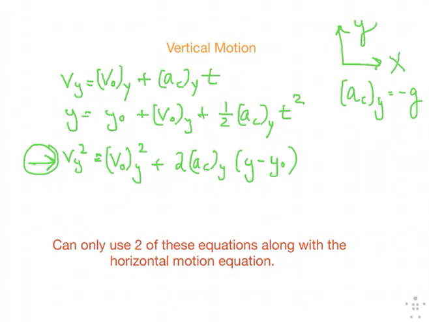So we can only use 2 of these equations because we need to have independent equations. This third one is dependent on the other 2. So we cannot use all 3 because then they would not be independent of each other. We can only use 2 of them.